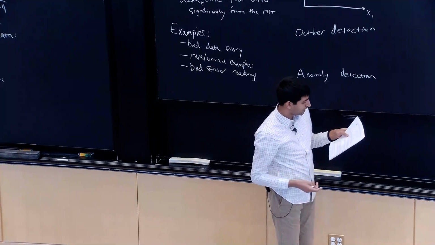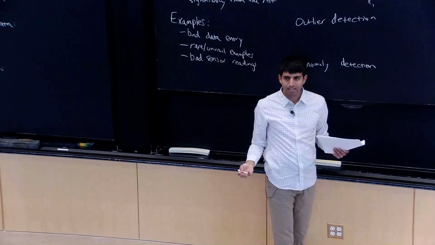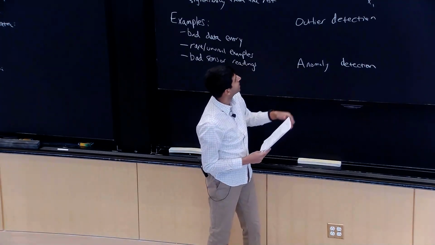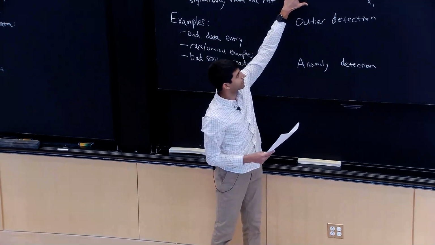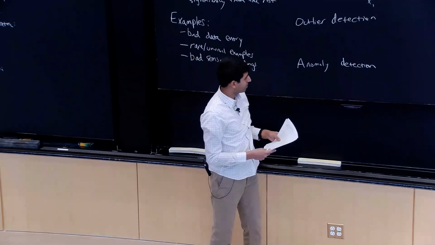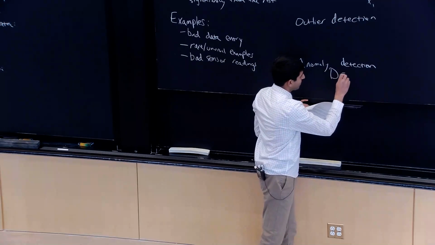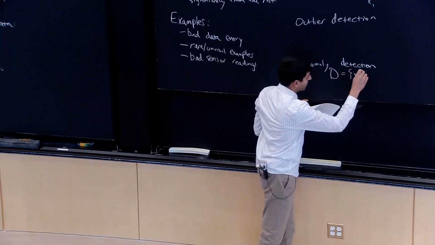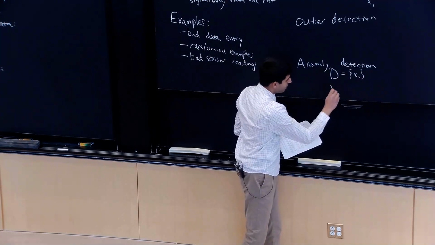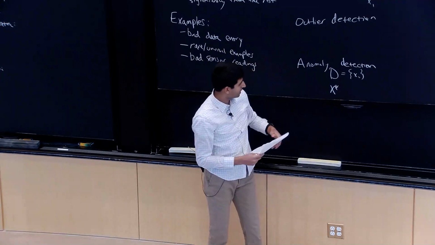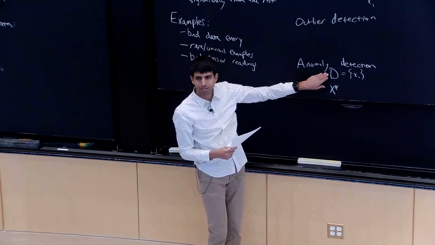In outlier detection, we have a bunch of data, and we want to find data that looks different from the rest. Whereas in anomaly detection, we're given a data set with a bunch of examples in it, and then given a new data point, we want to determine if this data point came from this distribution or not.